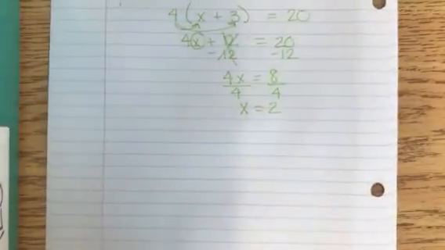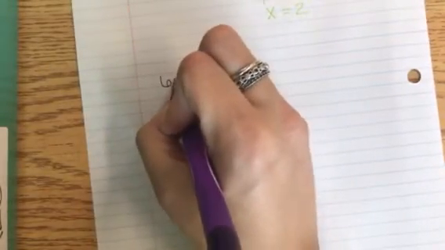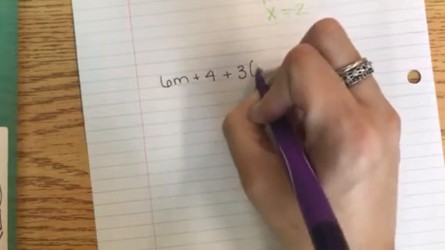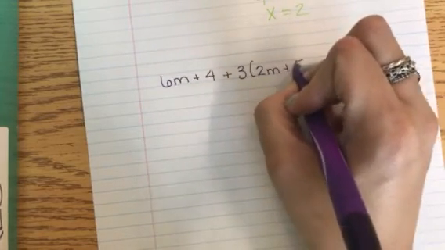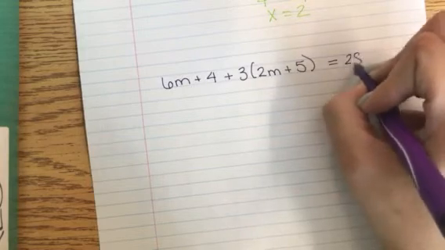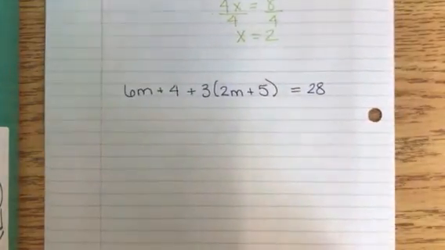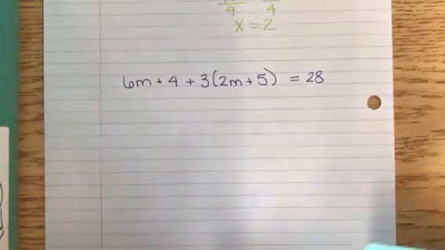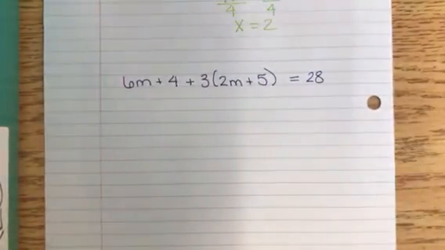Okay, maybe we have something that says 6m plus 4 plus 3 times (2m plus 5) equals 28.